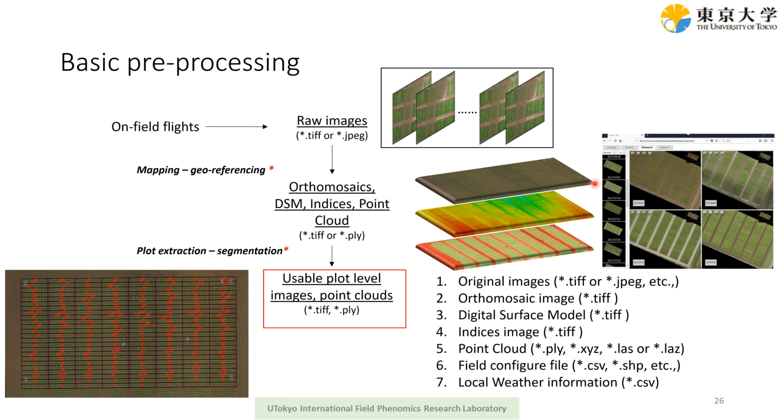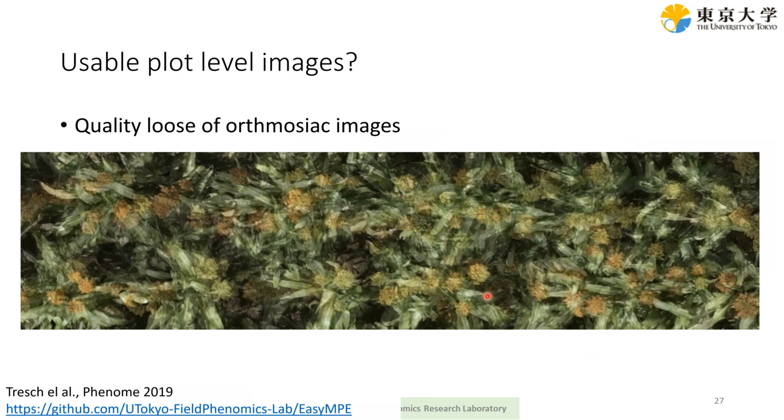But if you want to do some more processing, like detecting the heads, which needs more detailed information from the images to develop the algorithms, you probably need to analyze the raw images.